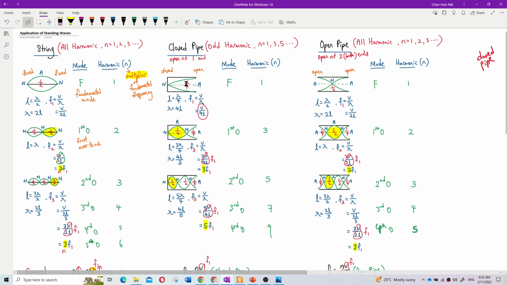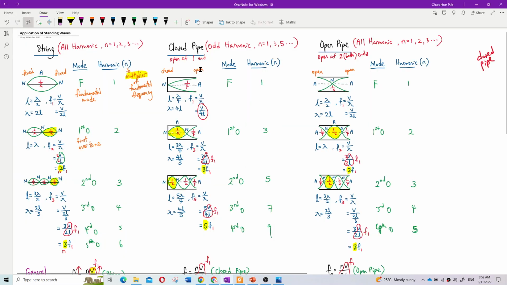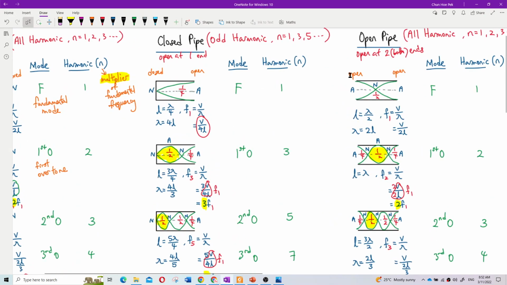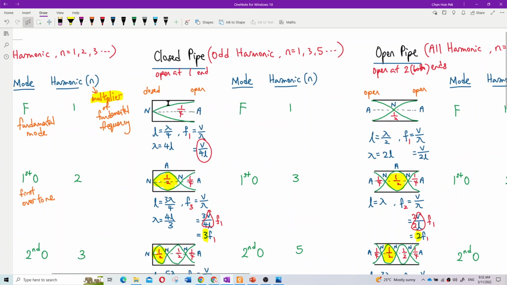I actually already taught you this just now. Using this animation, I already taught you the fundamental mode for both the closed pipe and open pipe. Understand, class? Closed pipe is 1/4 wavelength.